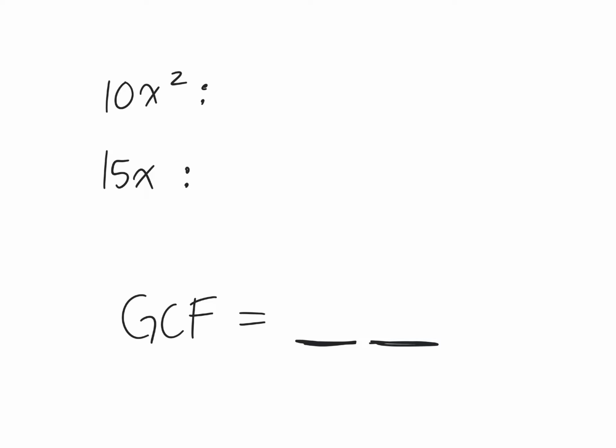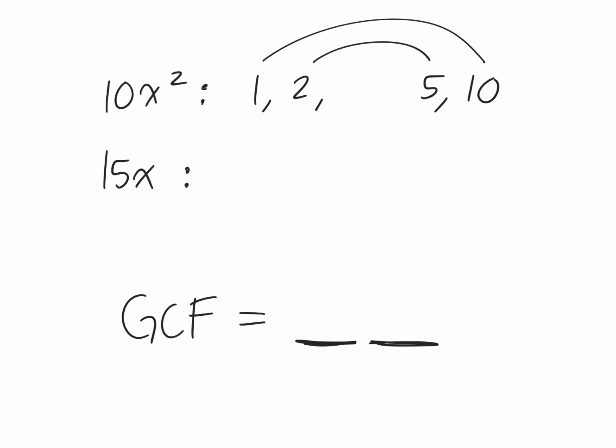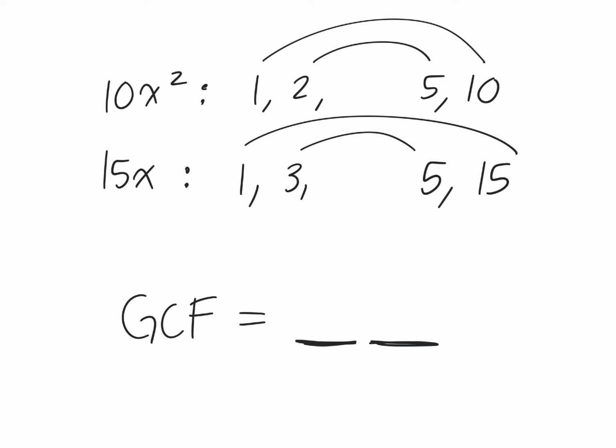So what are the factors of 10? 1 and 2, times anything else? 3, 4, 5 we already got. So that's it. There's only 4 factors. And factors of 15: 1 times, 2, 3, 4, 5 we already got.